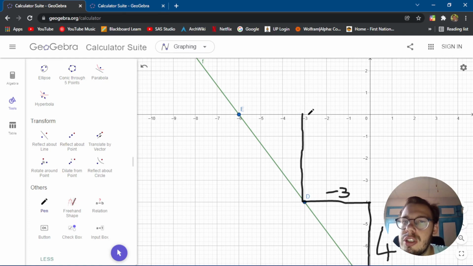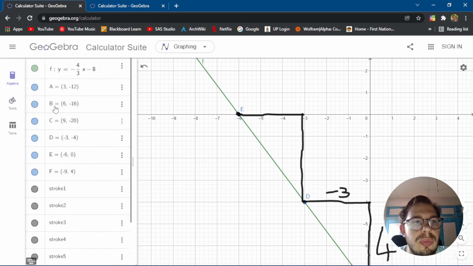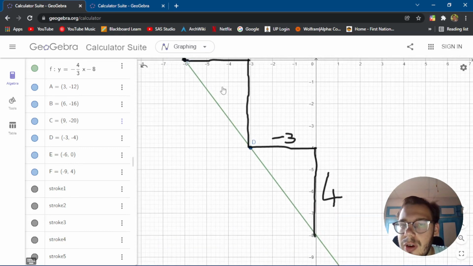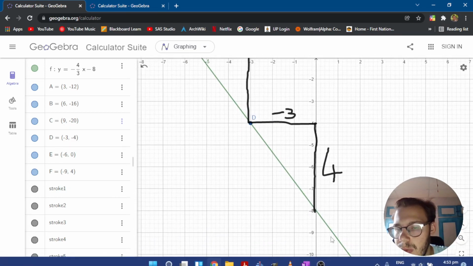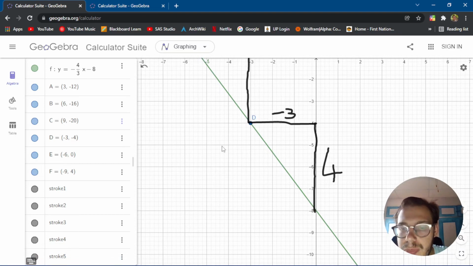And because the change in x is negative 3, we go to the left 3, so that's 1, 2, 3, and there we have our point E, which is minus 6, 0. And there we have our graph drawn, so you can just connect the dots and remember your arrows.